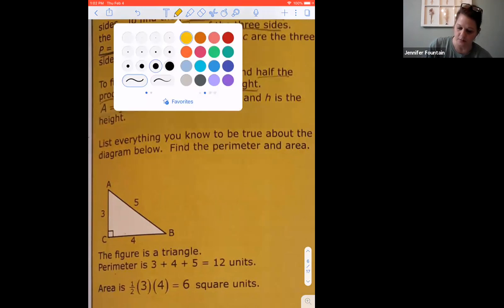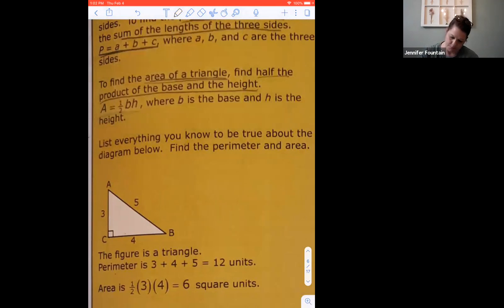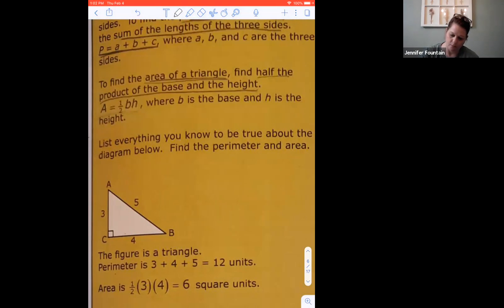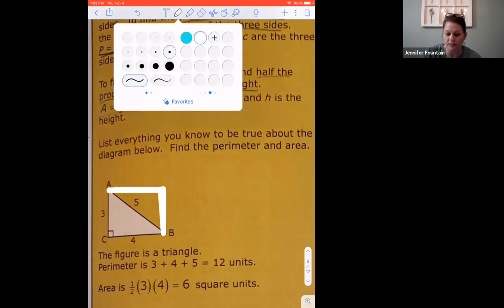Notice if I were to do this, basically I could turn my triangle, I can connect another side, and I would have a rectangle there. The only reason I know it's a rectangle is because one side is 4 and one side is 3.